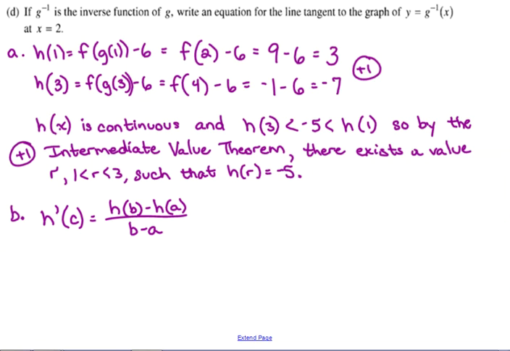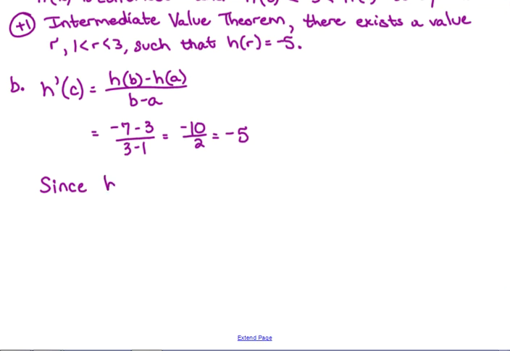We just did h of b and h of a. We got that from part A, so just use that. -7 minus 3 over 3 minus 1. So that's -10 over 2, which is -5.